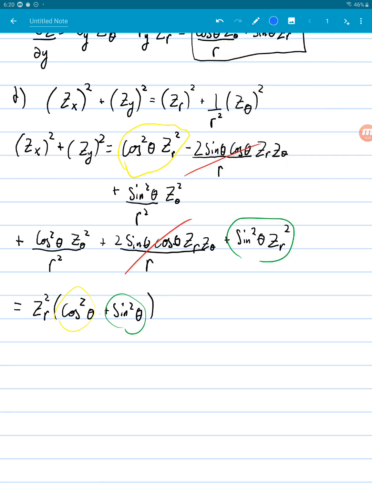And using the Pythagorean identity, we know that cos squared theta plus sine squared theta is always equal to 1.